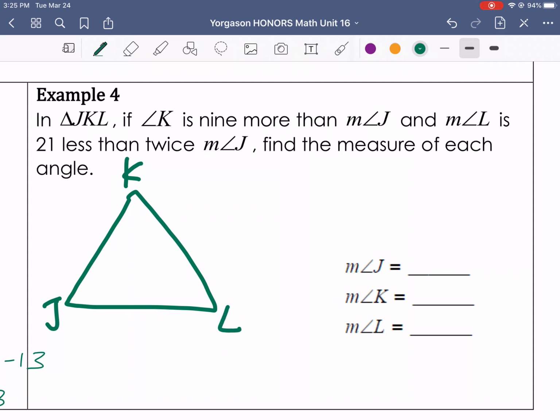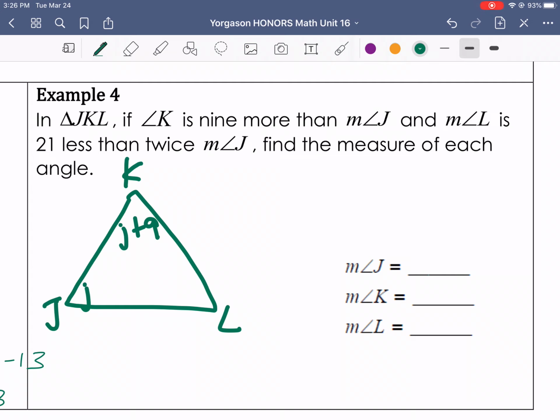If angle K is 9 more than angle J, I'm going to go ahead and call angle J little j. If angle K is 9 more than that, then that's the same as j plus 9, isn't it? Angle K is 9 more than the measure of angle J, and the measure of angle L is 21 less than twice the measure of angle J.